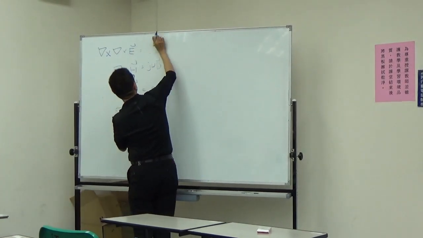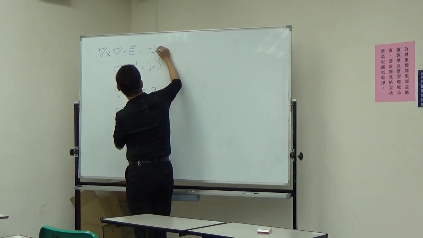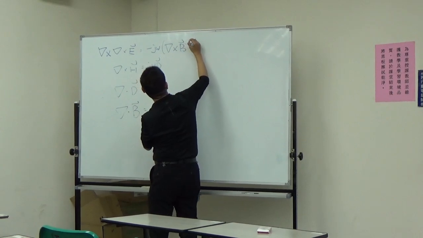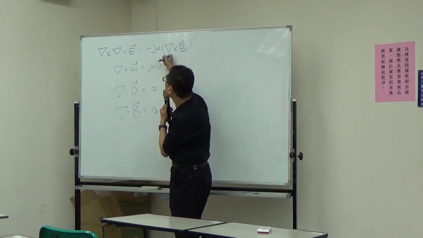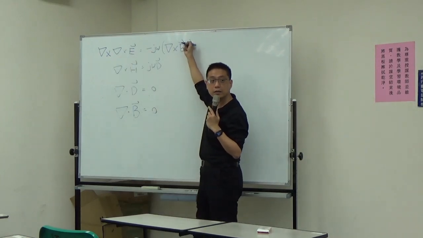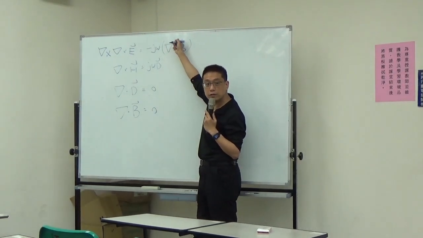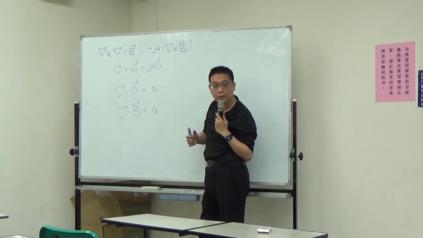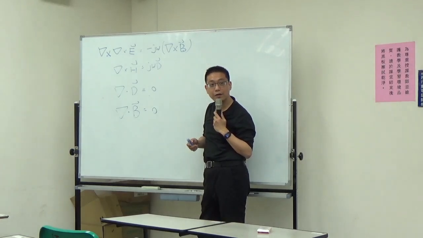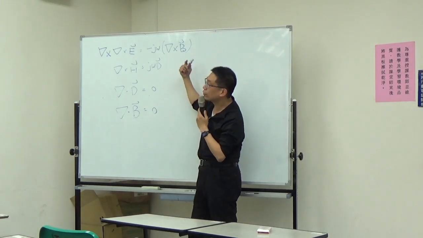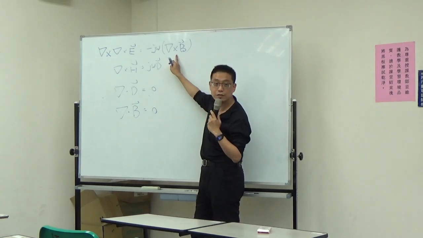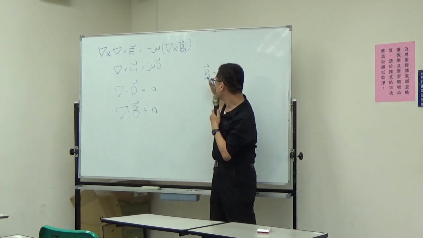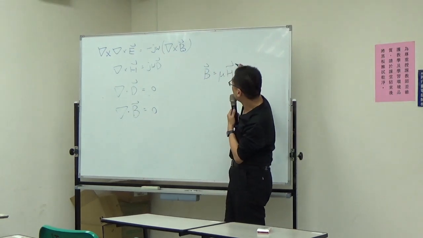We take the curl to both sides of the first equation, minus j omega B. And then we do the easy way: B equals mu H.